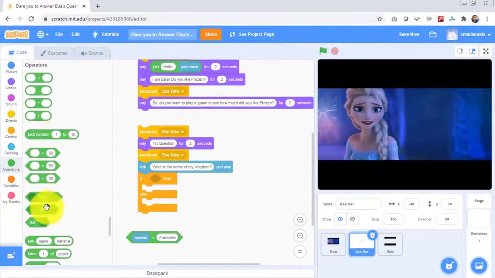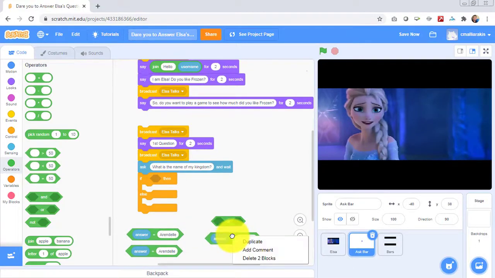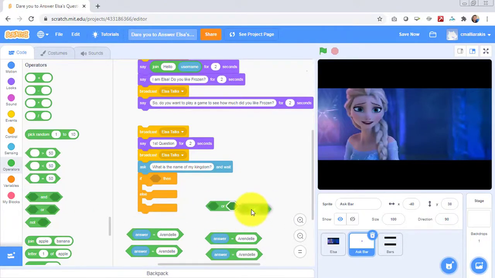So I will give him some options. So I will use this OR statement. I will duplicate this 4 times and I will give him 4 right answers, 4 options, and I will drag and drop this OR statement. So be careful, I have 3 slots for the answer. I want a 4th one, and now I will drag and drop my answers here in this slot.